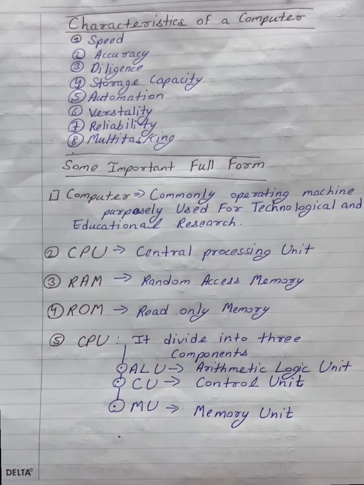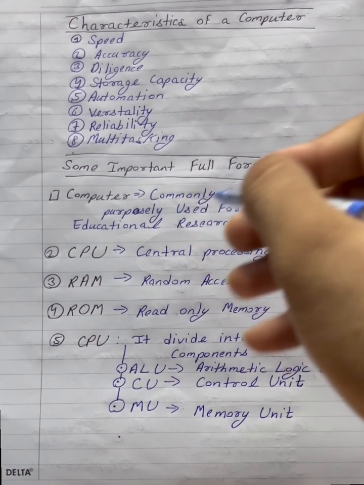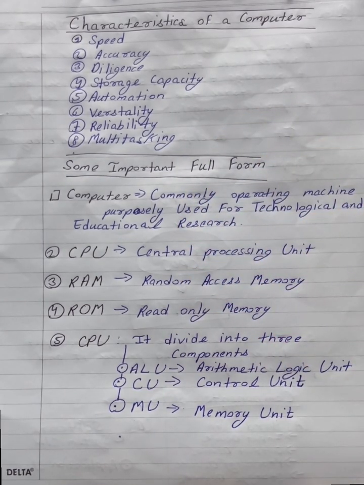Now let's talk about some important full forms. So as we know, in computer science, many technical terms are represented by abbreviations. So, guys, understanding these full forms helps you in learning the computer concepts more easily, and you can understand the functions of different computer systems in a better way.